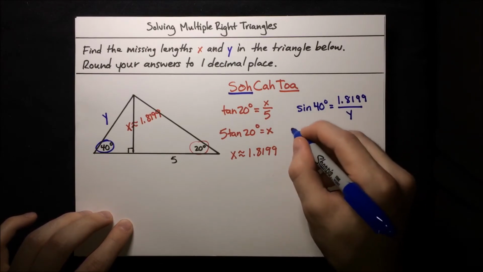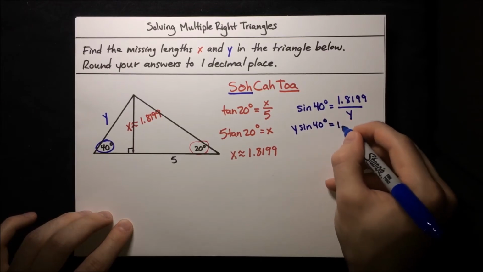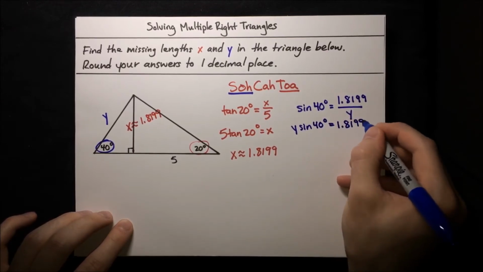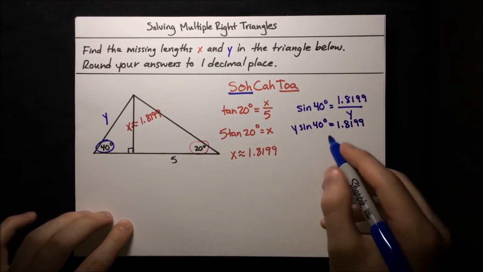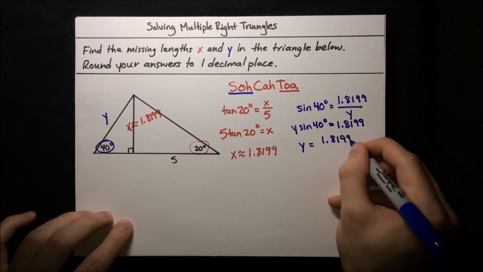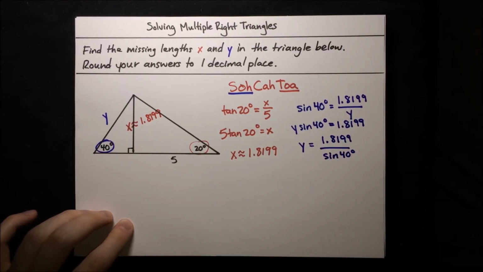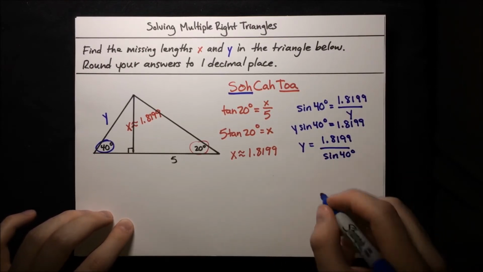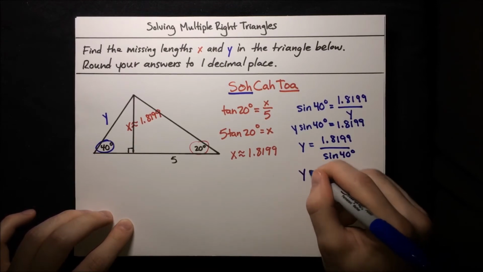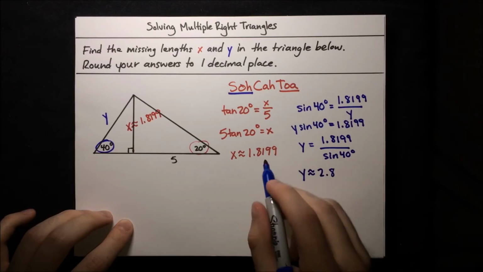Multiply both sides by y, we get y sine of 40 degrees is equal to 1.8199, and then divide both sides by sine 40 degrees, you get y is equal to 1.8199 over sine of 40 degrees. We punch that in our calculator, make sure you're in degrees mode, and we get a result of y is approximately 2.8 rounded to one decimal place.